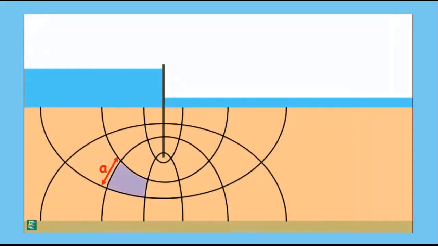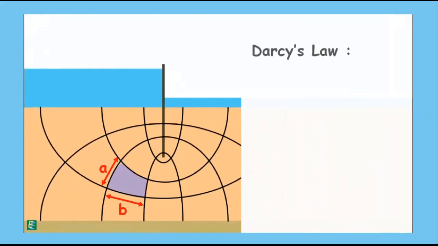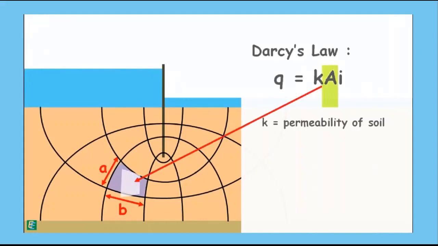So let's say height of one flow field is A and length is B. We know from Darcy's law that discharge through this flow field can be written as this formula, where K is the permeability of the soil, A is the area of the cross-section through which the water is flowing.